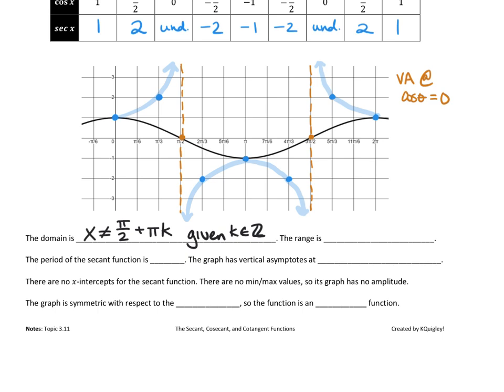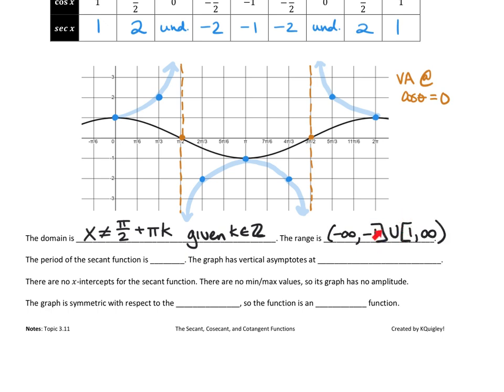The range is the reciprocal, or the outsides, I like to think of it, of the range of the cosine function. Cosine is bounded with a low point at -1 and a high point at 1. So the range of secant is literally everything else, which means we go from -infinity all the way up to -1. Then we have a gap in the middle, pick back up at 1 and go to positive infinity.